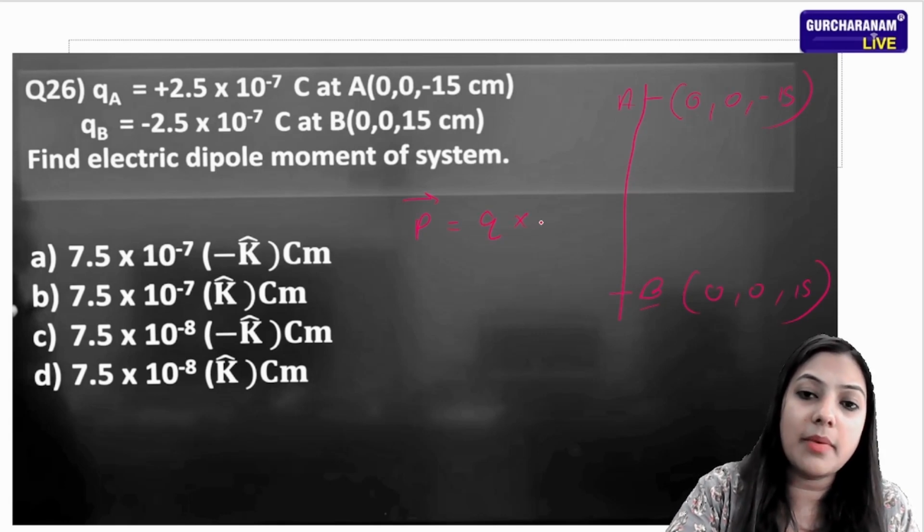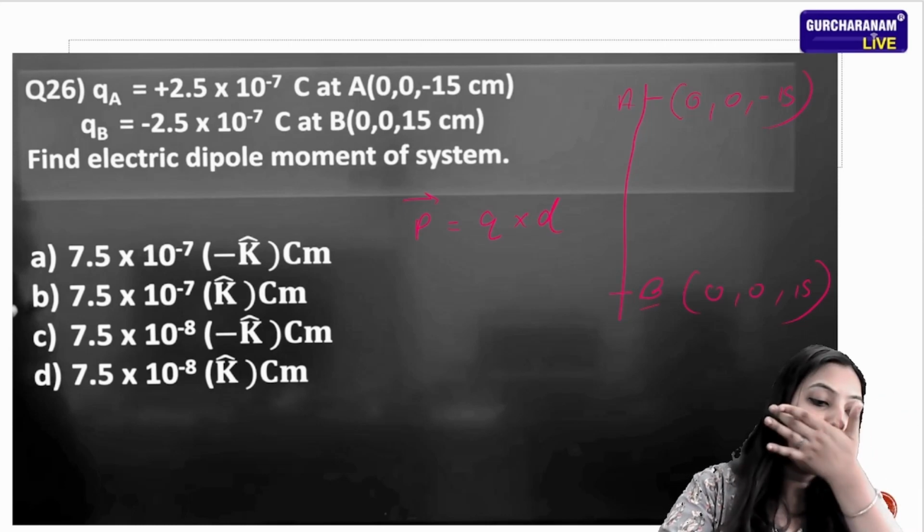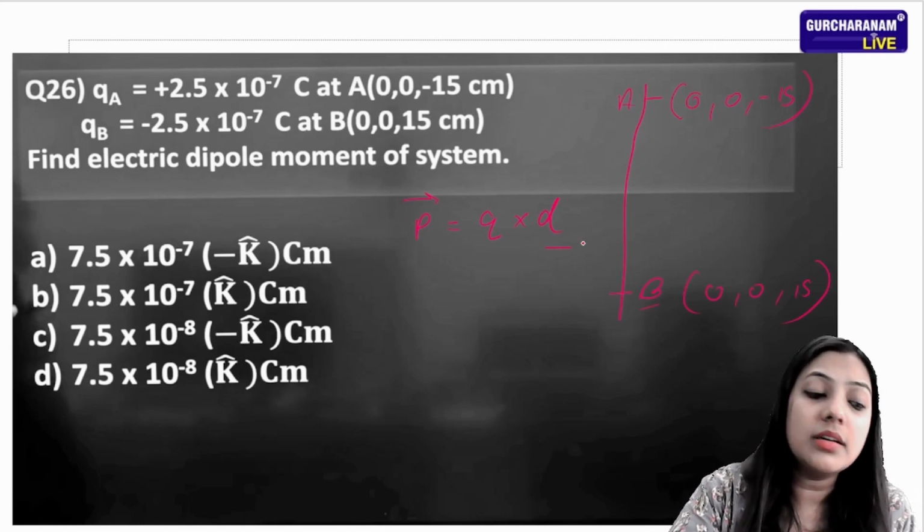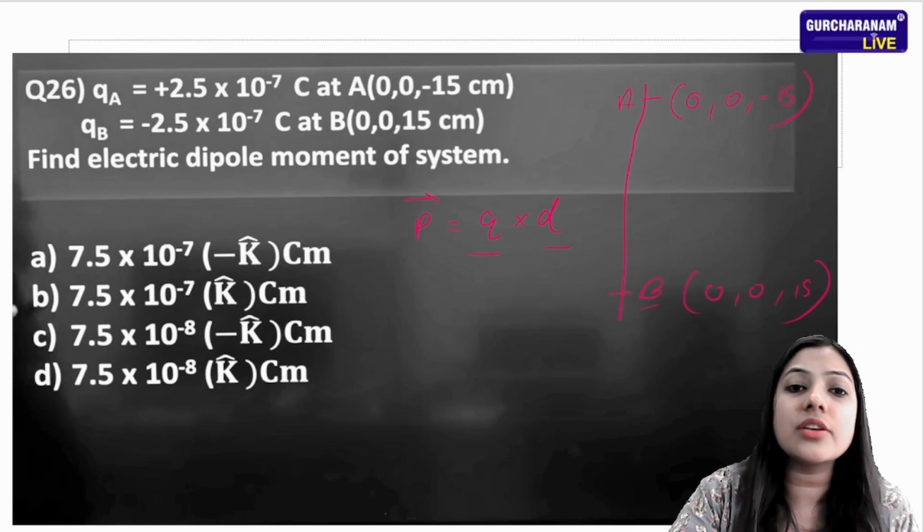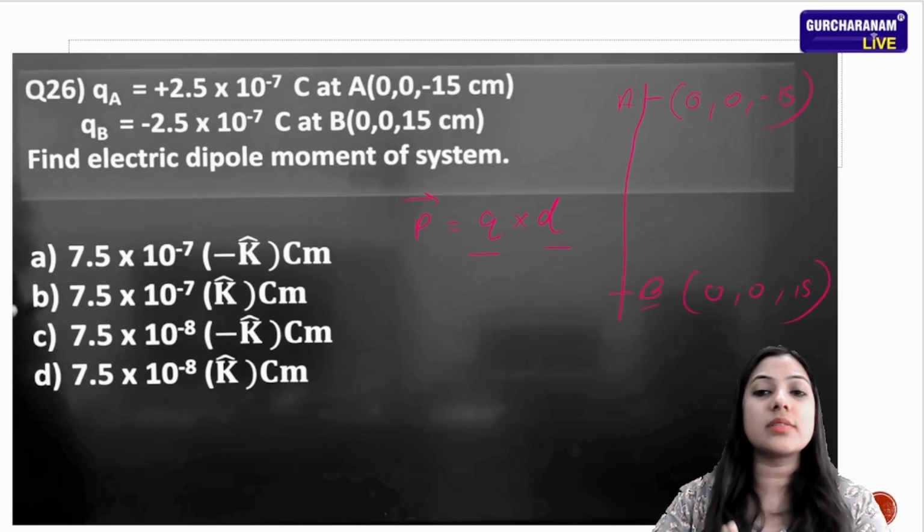The formula is P equals Q multiplied by d, where d is the distance. The charges are always equal but opposite in sign.